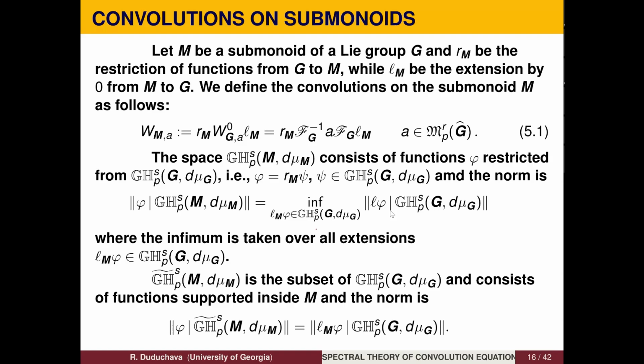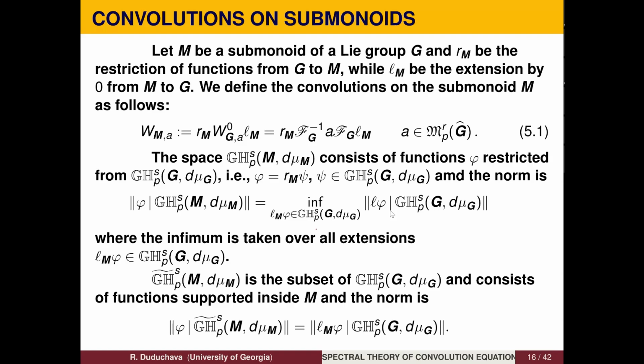Then it's just the generic Bessel potential space on the submonoid. And the other one, H^s with tilde, is just those functions which are supported only on M, inside M.